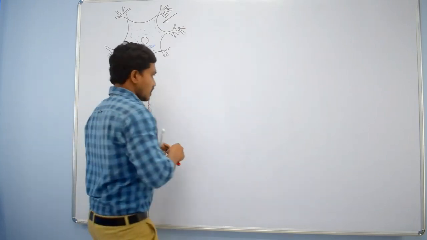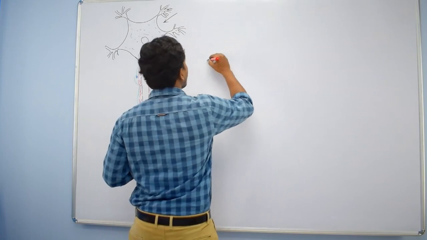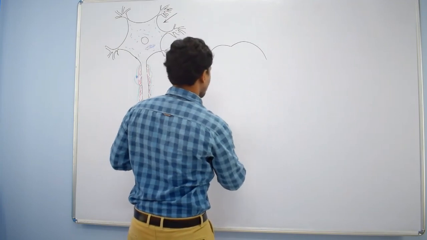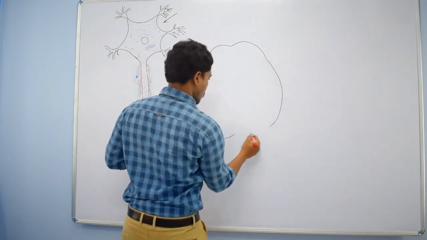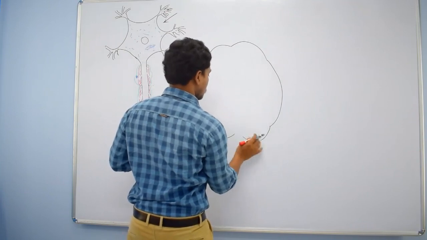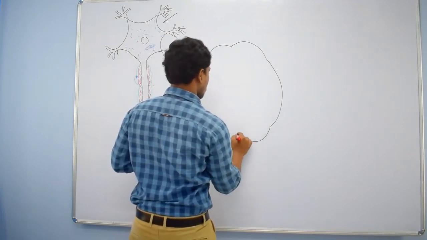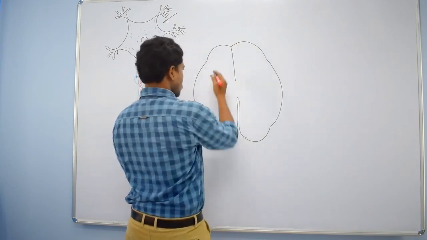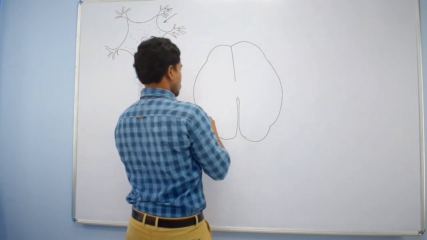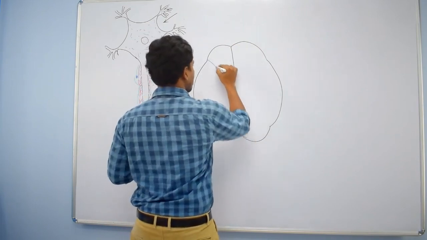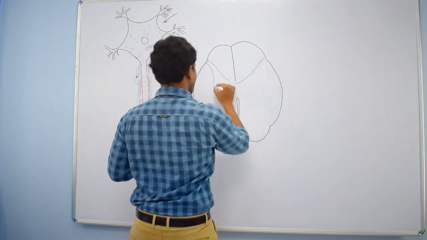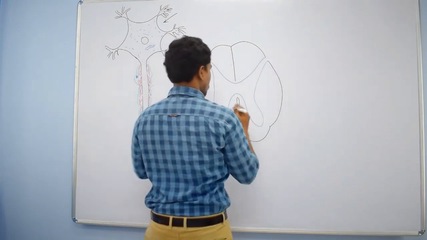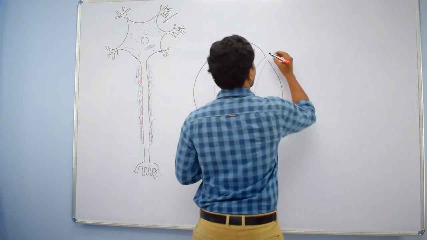Right? Just I am taking the structure of one spinal nerve, then I will discuss with that. This is the anterior median fissure, this is the posterior median septum, here is grey matter having anterior horn and posterior horn. The posterior horn continues as a posterior root.